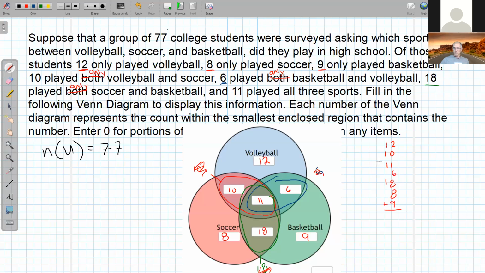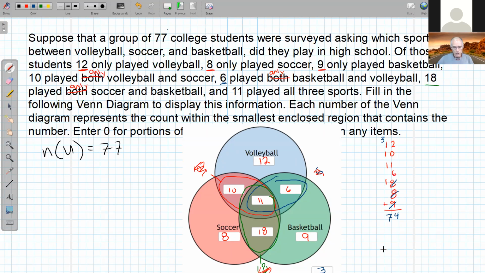Let's see, when we add those up, I get 74, which means there should be 3 students that didn't play volleyball, soccer, or basketball. That looks reasonable.